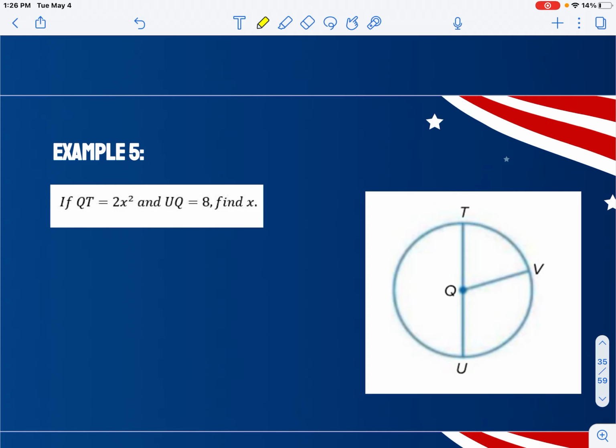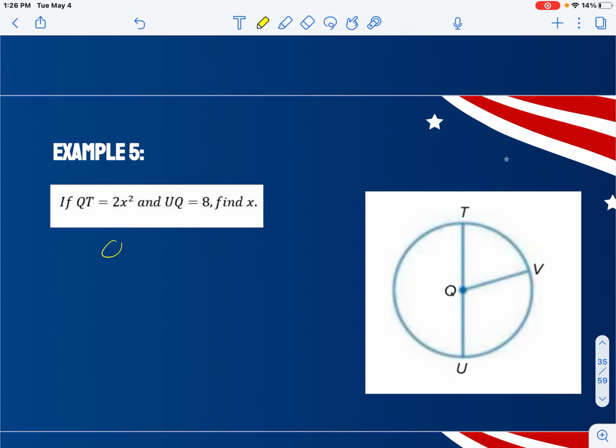We could also extend this out to problems where we have variables in them. So in this example, QT is 2x squared and UQ is 8. Find x. Well, QT and UQ are both radii. Every radius in a circle has the same distance from the center to the edge of the circle, so every radius has the same length.